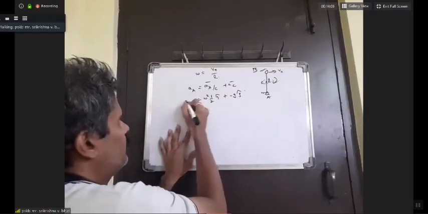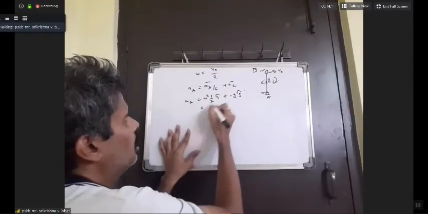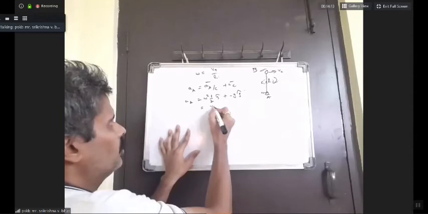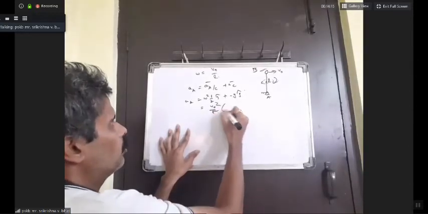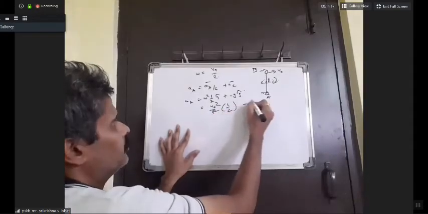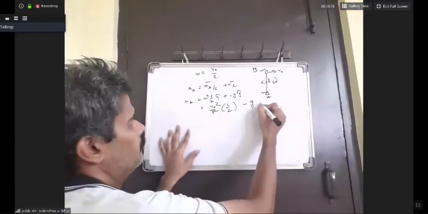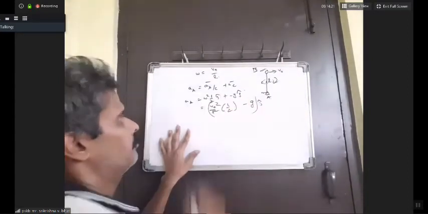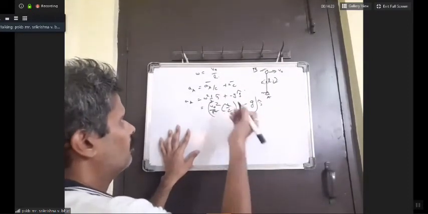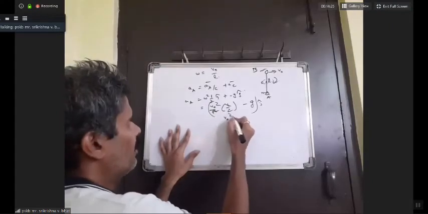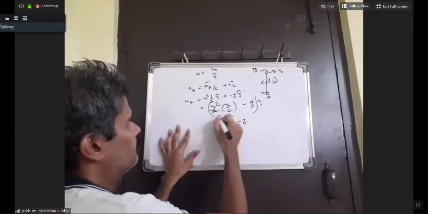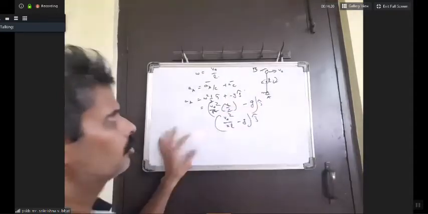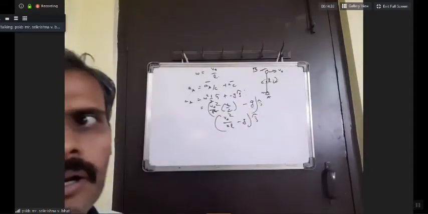Taking omega as V0 by L, this is V0 square by L square into L by 2, and we can cancel one L. It's just V0 square by 2L. So this is the acceleration of A in the vertical direction.